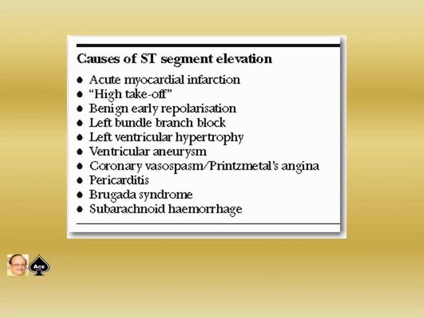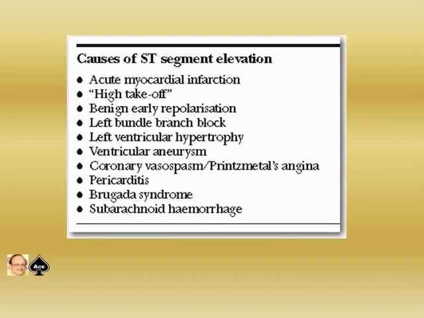The causes of ST segment elevation: acute myocardial infarction is one most common thing which I already told. Then high takeoff, then benign early repolarization. Left bundle branch block also may show ST segment elevation. Left ventricular hypertrophy is another condition. Then ventricular aneurysm, one example was already shown to you previously.